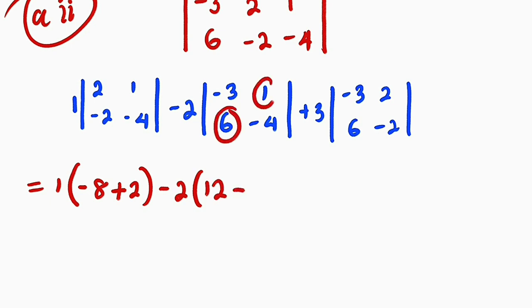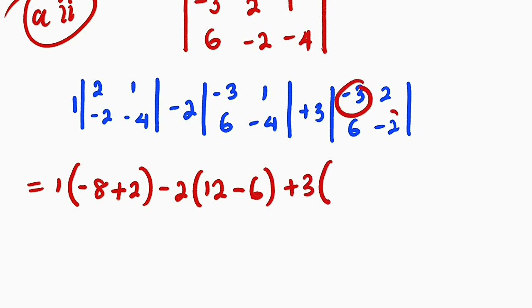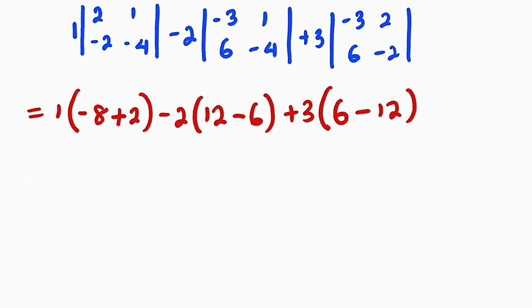Minus 6 times 1 is 6. Then plus 3. This times this is positive 6 minus 6 times 2 is 12. We simplify. Negative 8 plus 2 is negative 6 times 1 is negative 6.